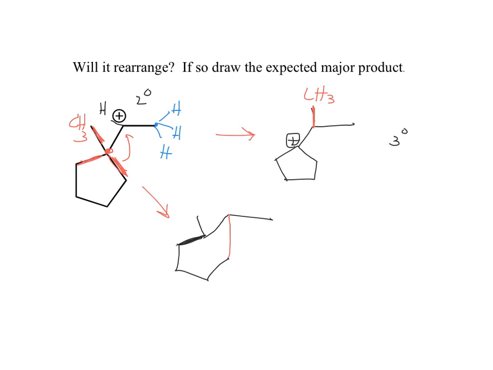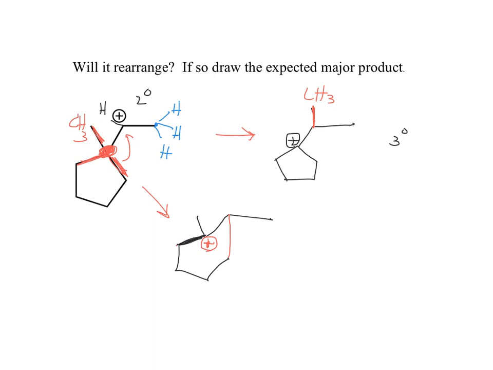And when I do that, the carbon I am breaking the electron pair away from is the carbon right here. Do you see? So the carbon that gets the plus is right there.